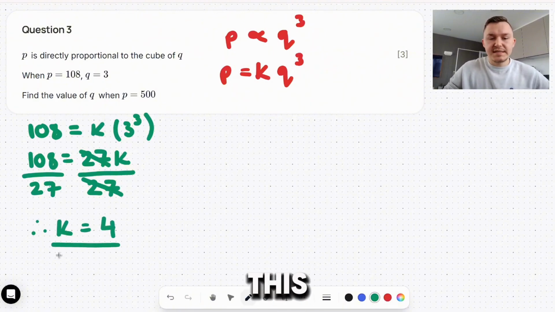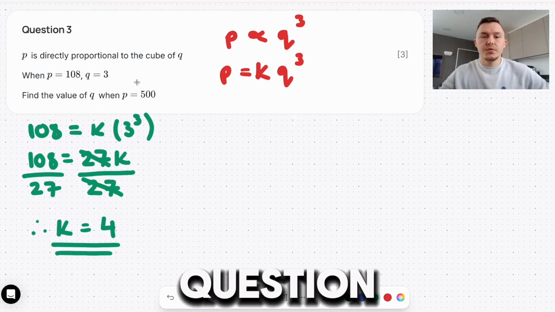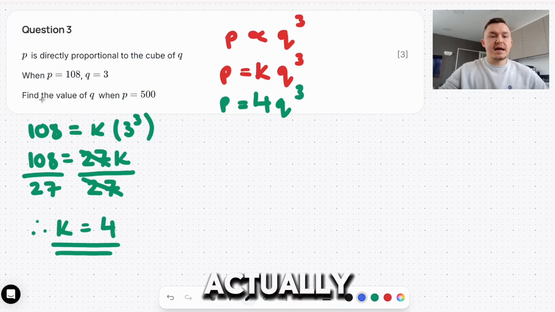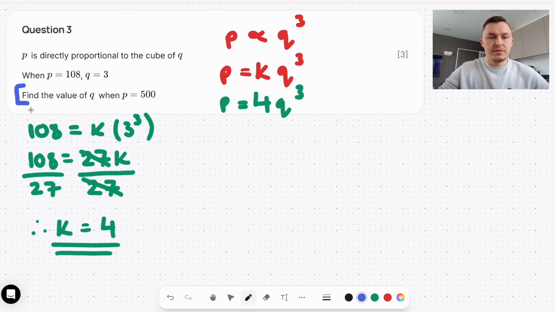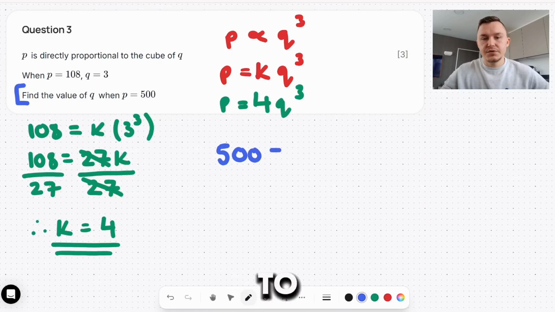Now, I've got this K value. This K value is going to stay the same for this whole question. So I can say that P is equal to K, which is 4, Q cubed. Now let's actually solve for Q when P is equal to 500. So I can say that P, which is 500, is equal to, we're using this equation here, 4 multiplied by Q cubed.